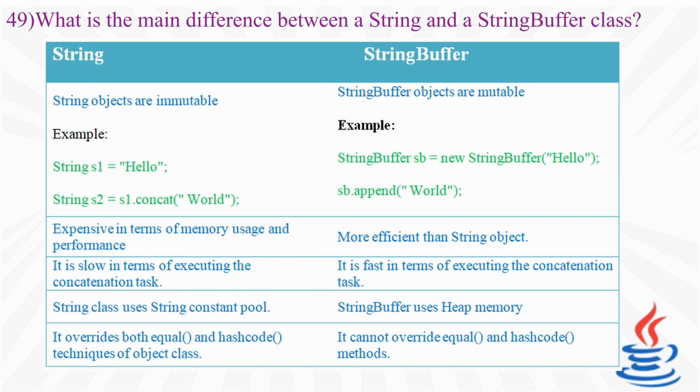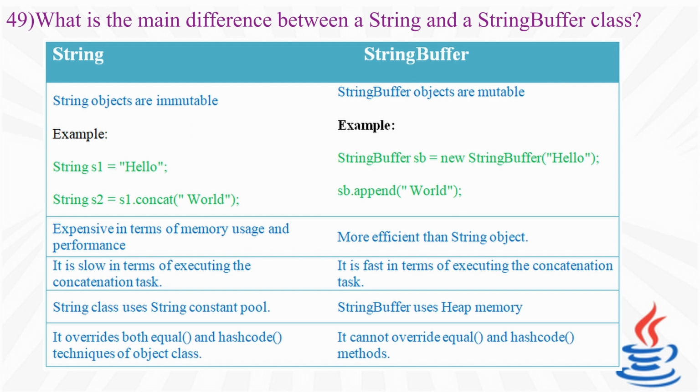This can be expensive in terms of memory usage and performance, especially when working with larger strings. On the other hand, StringBuffer objects are designed for efficient modification of strings. So, they are generally more efficient than String objects for concatenation and other string manipulation operations.